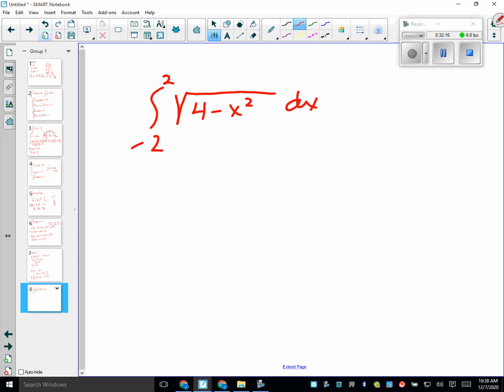This one says, use the graph and areas to evaluate the integral. You must show your work. Use the graph of the integrand and areas to evaluate. You must show your work. Do we have to draw the graph?